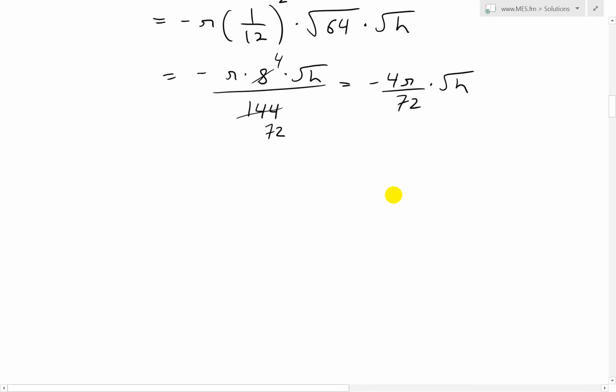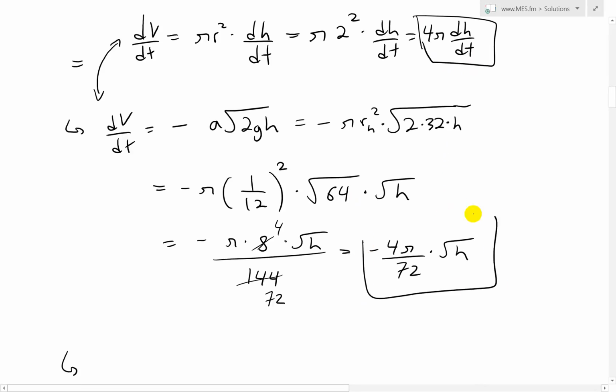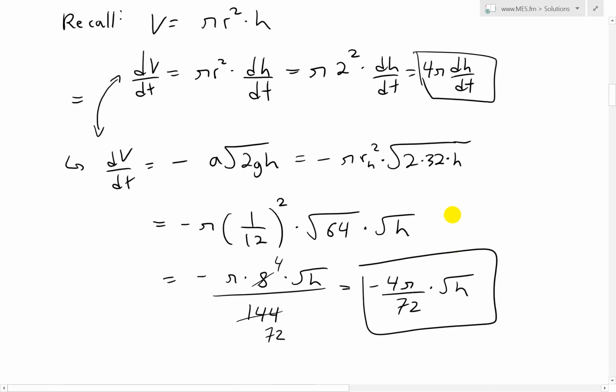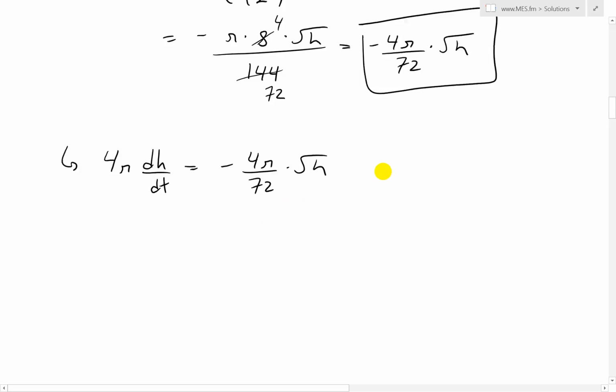So this right here has to equal this right here, because those are both dV over dt, just found from different methods. Let's write the first one out: 4 pi dh over dt equals negative 4 pi over 72 times the square root of h.